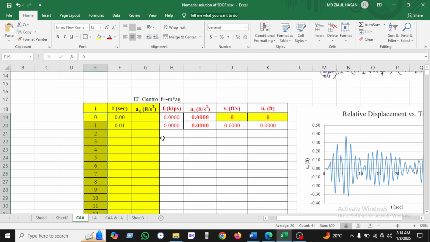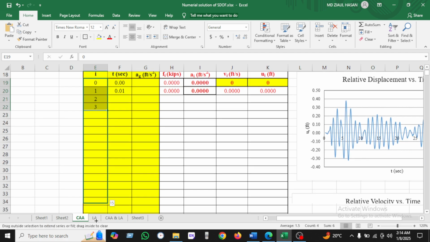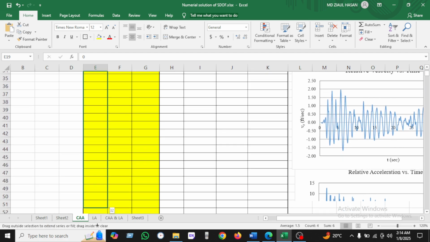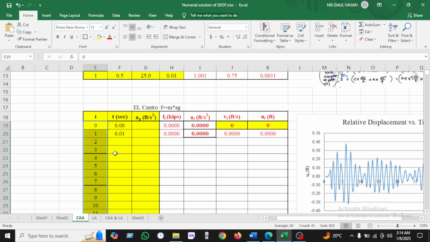Let's see, this is the 40. We have been seeing 40 steps.